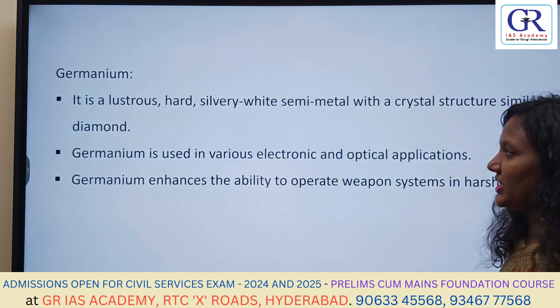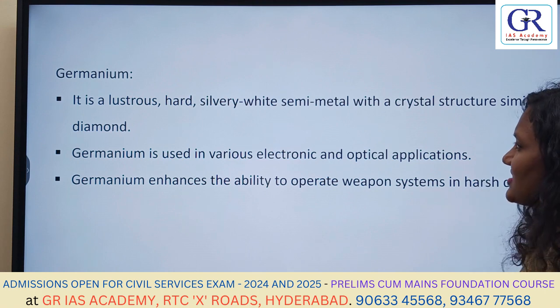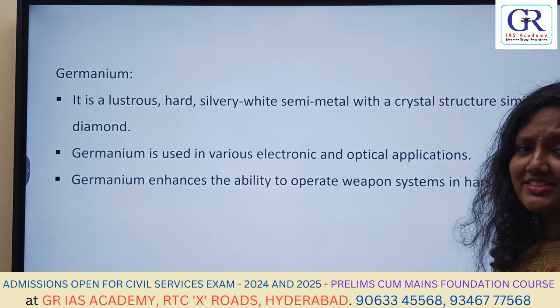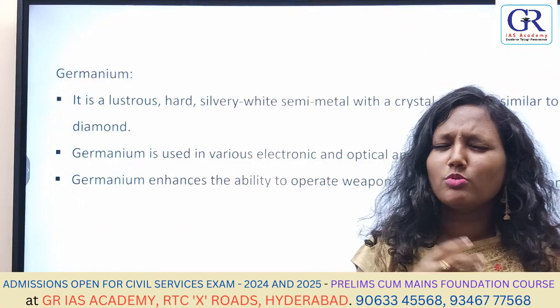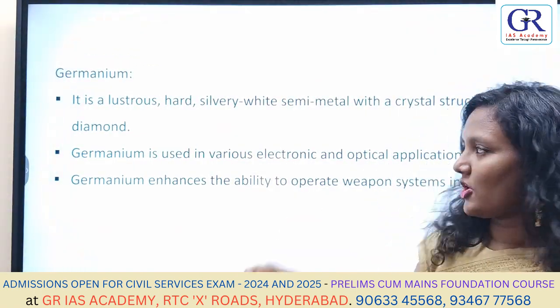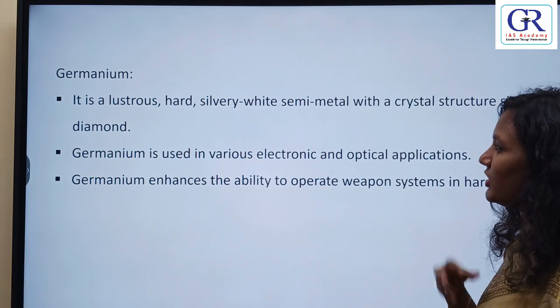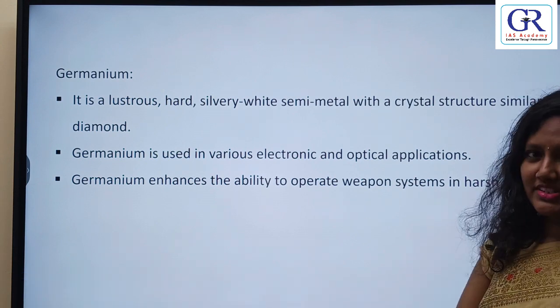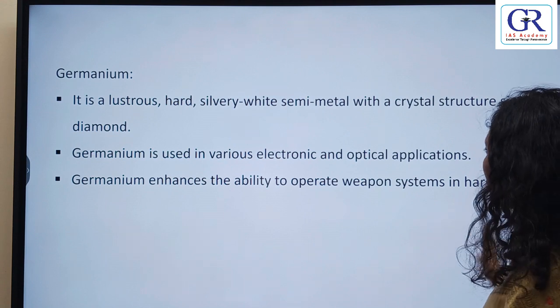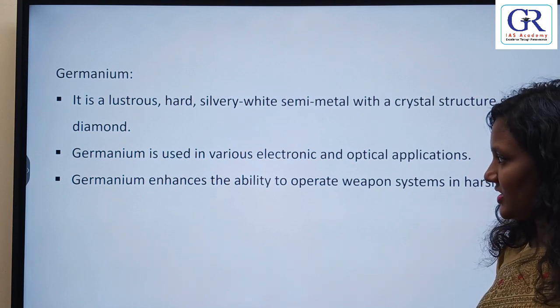Then coming to germanium. Germanium is a lustrous, hard, silvery white semi-metal with a crystal structure. Okay, it looks almost similar to diamond, but it's not diamond. So it's a kind of hard, silvery white semi-metal. So why is this useful? This is useful in various electronic and optical applications.